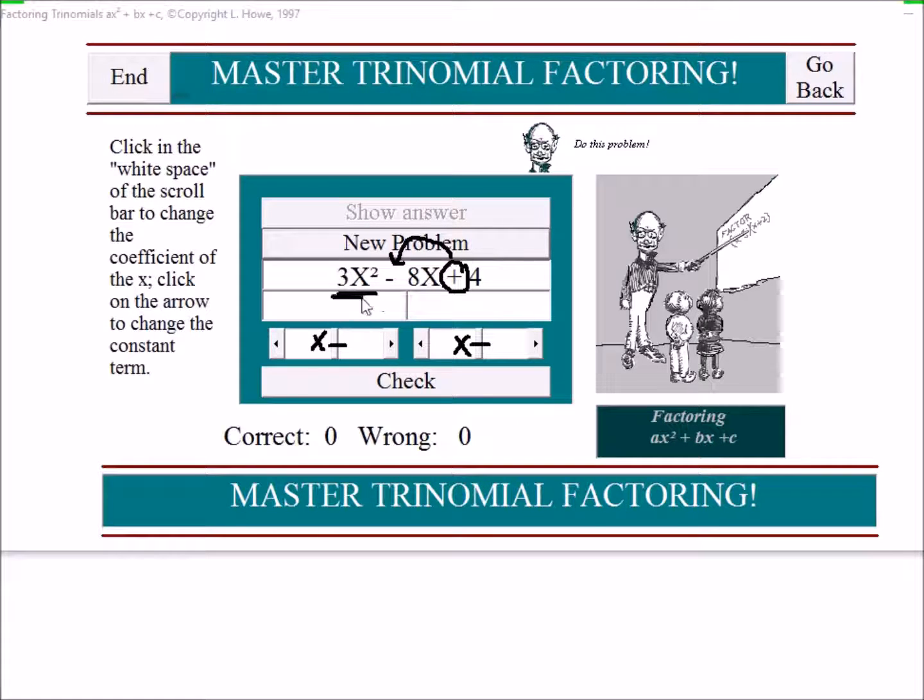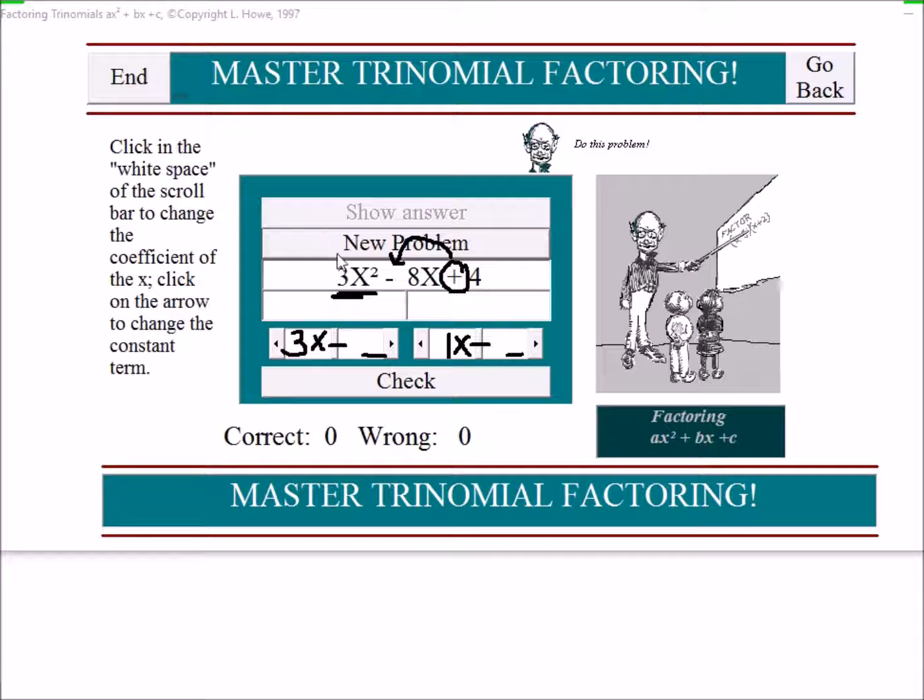But let's see, 3x squared. There's not a lot of choices there. One of them has to be 3, and then one of them has to be 1, because there's only one combination that can give me 3. So the question is, what goes here and here? Now this time I'm not looking for factors of 4 that give me 8 when they add, because I have to take into account this 3.